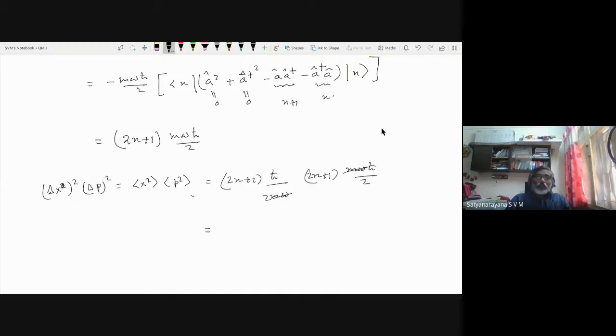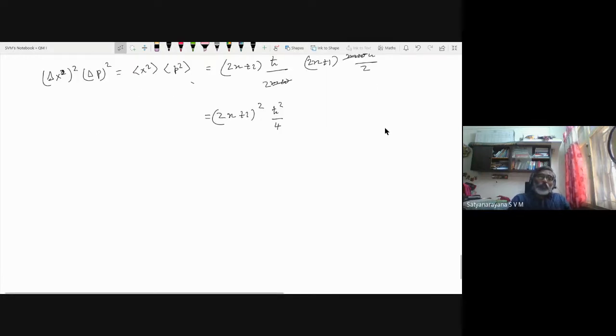So that is equal to (2n+1)²ħ²/4. So if you ask what is Δx into Δp, that is the square root of this, equal to (2n+1) into ħ/2. Or you can pull out 2 from here and write this as (n + ½)ħ.